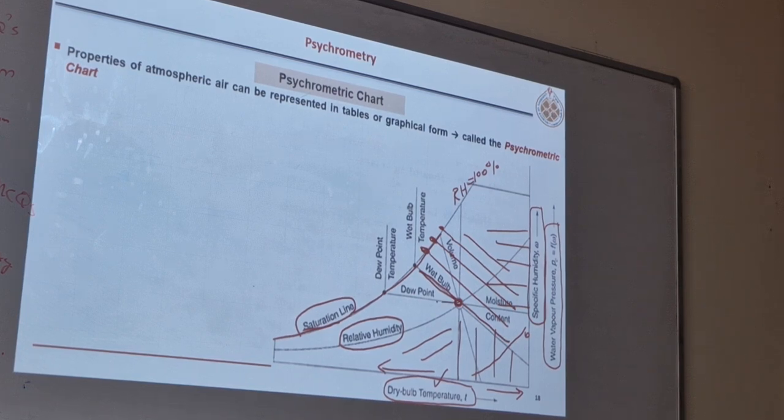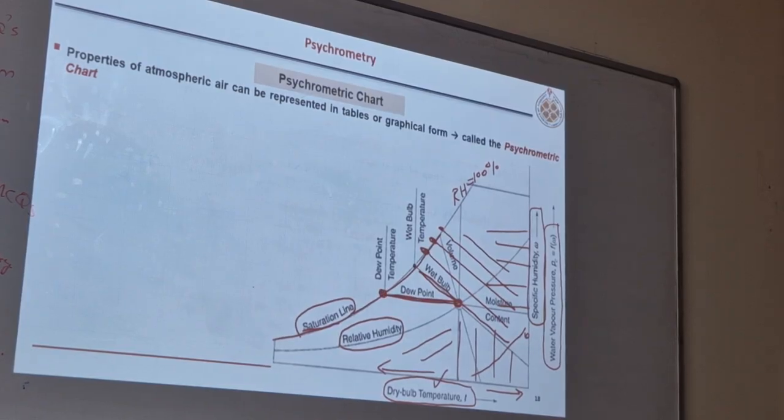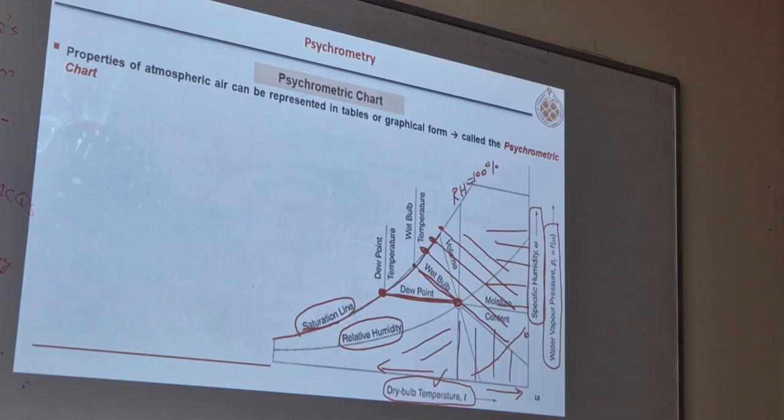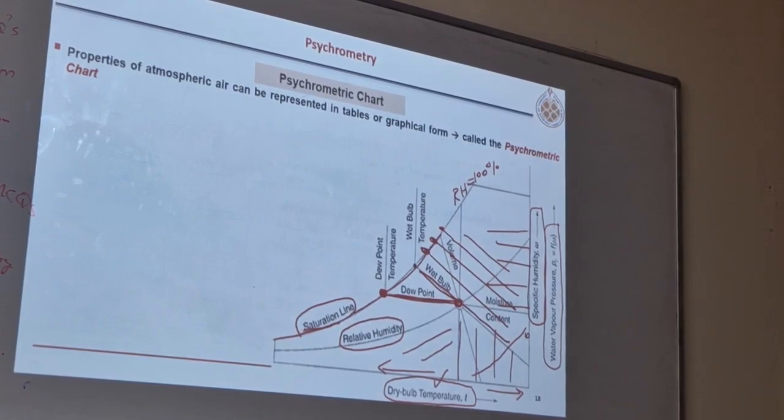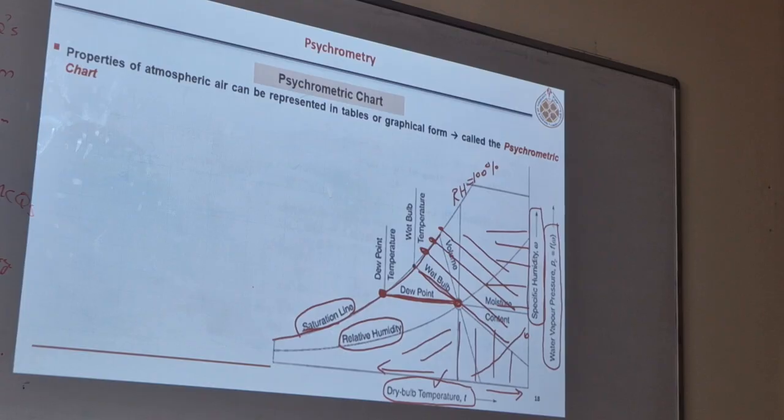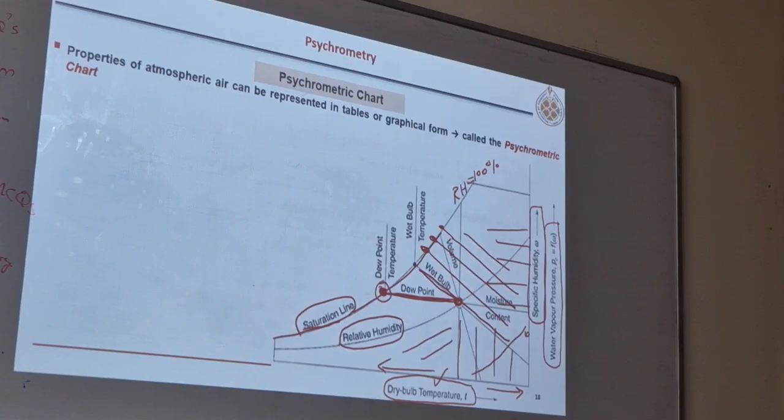To read the dew point, go horizontal. The dew point is read on the same temperatures, but wet bulb lines are inclined, dew point will be horizontal. At this point where air becomes saturated, wet bulb is also saturated.